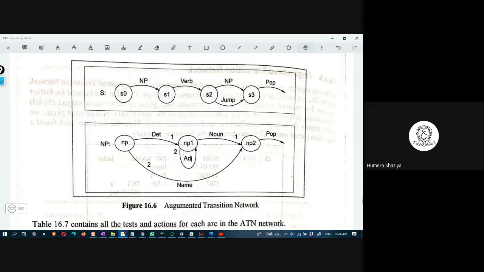It takes the second path if it finds just the name without a determiner. Suppose I say Alice, so it's just Alice here. If I say the cute Alice, then it follows this path. If I say the Alice, then it follows the path without an adjective. This is the noun phrase structure.